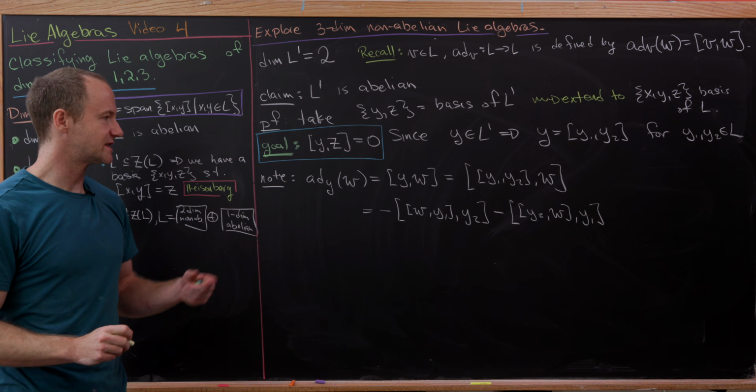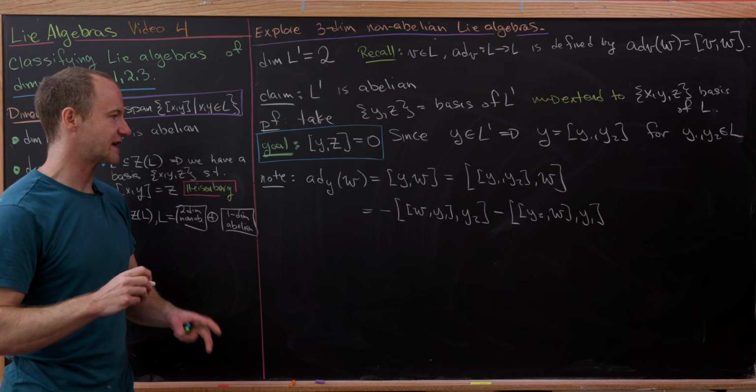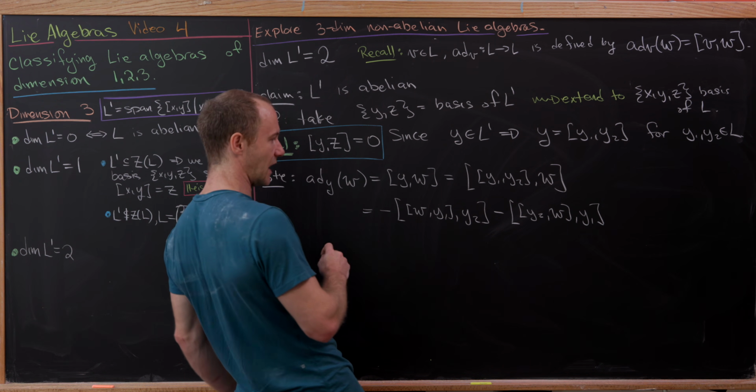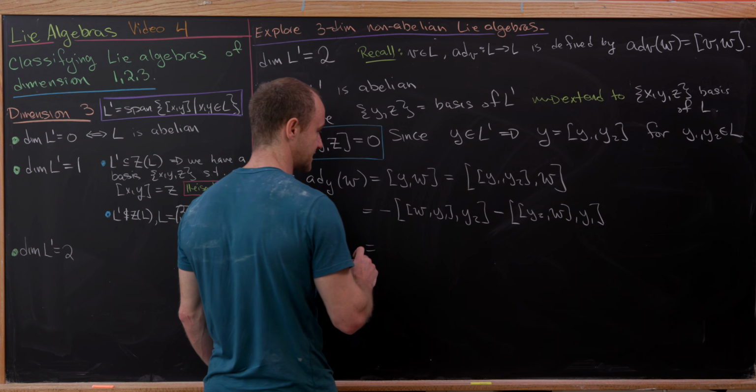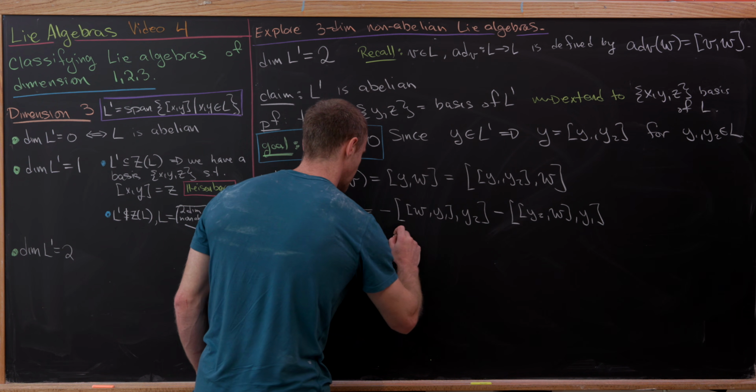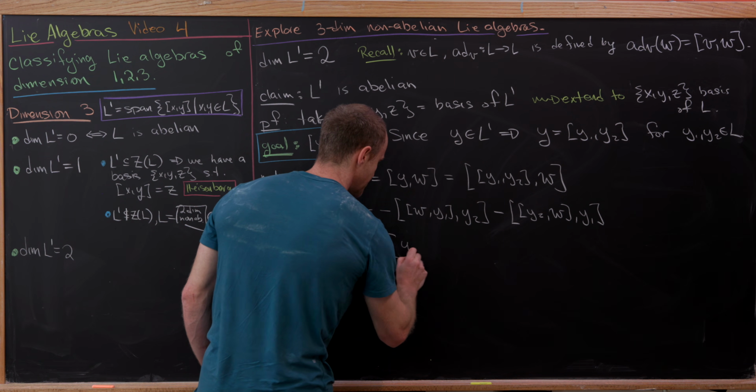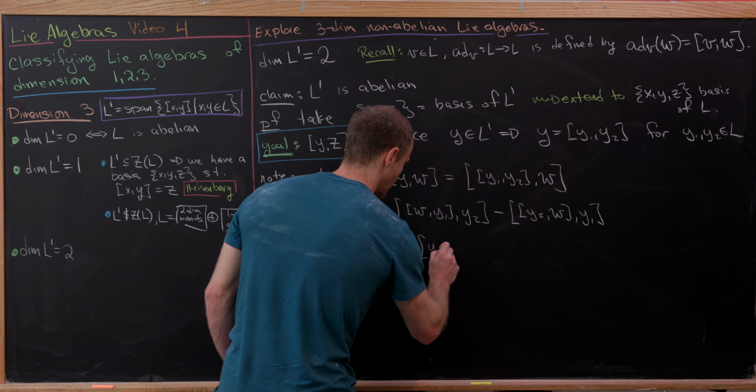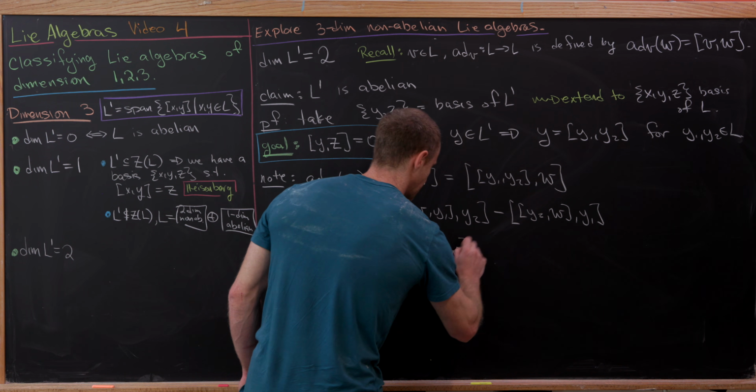Now we can apply some alternating properties of the bracket to move some things around, and we'll end up with something like this. This first one is going to be equal to, well, we've got this minus sign out here, and then the bracket of Y2 with [Y1, W].